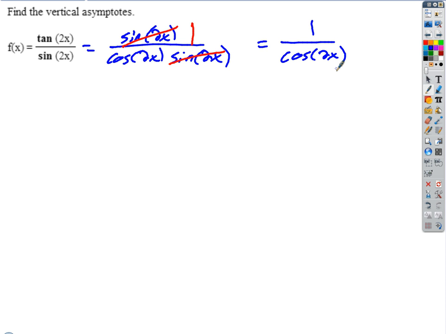What makes this harder than maybe some of the other problems that we've dealt with when we're solving for x? What's different about this? Where is the x? It's in the bottom, but there's something else going on there. It's inside the cosine function.